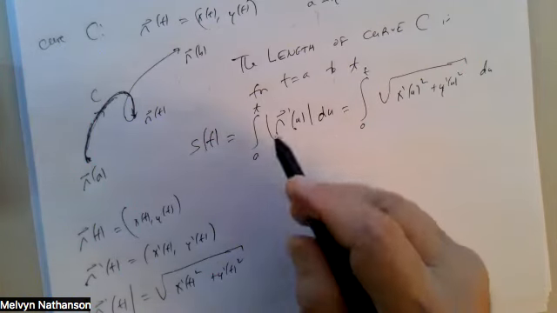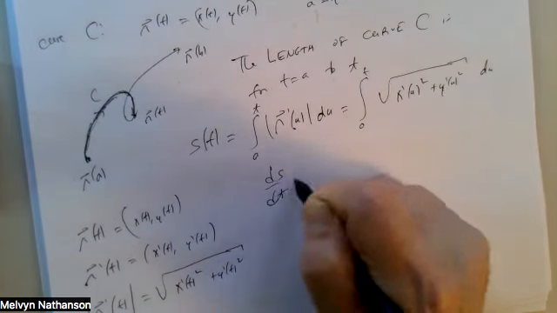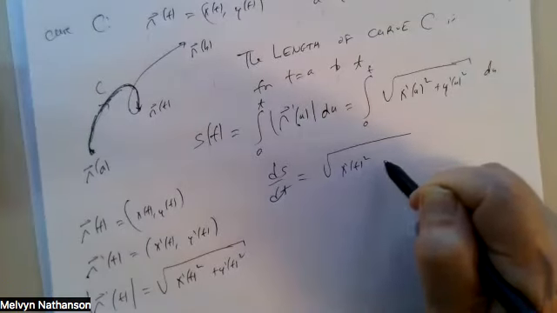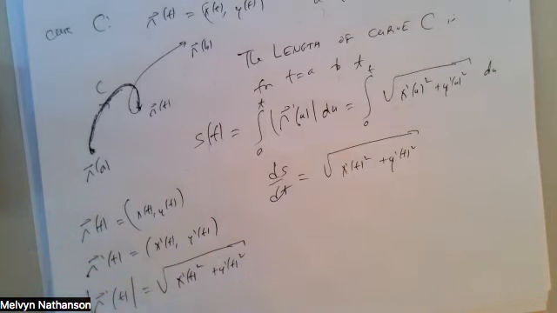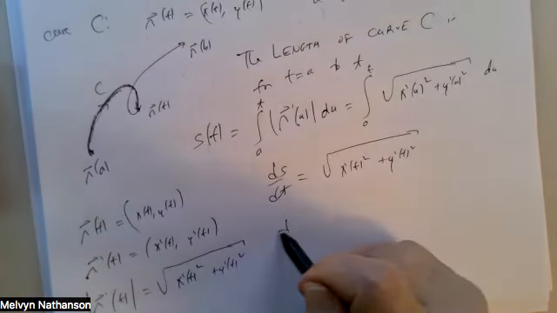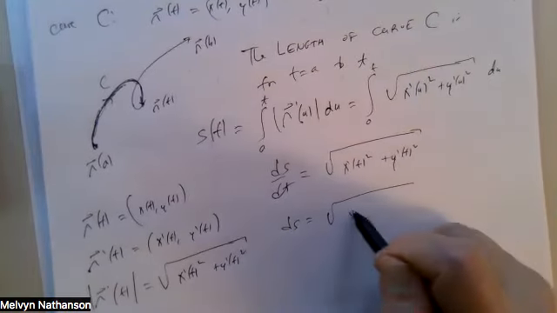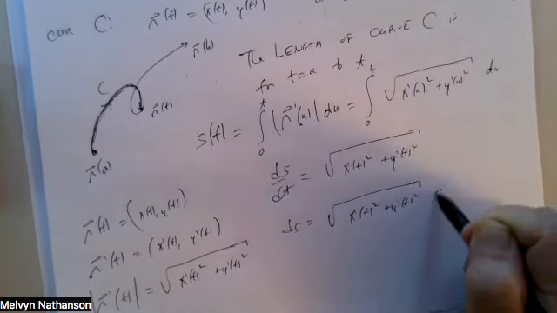And just by the fundamental theorem of calculus, if we differentiate this, ds dt is the square root of x prime of t squared plus y prime of t squared. Or in the sloppy way we sometimes do, ds is the square root of x prime of t squared plus y prime of t squared dt.